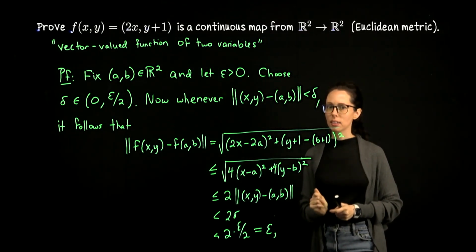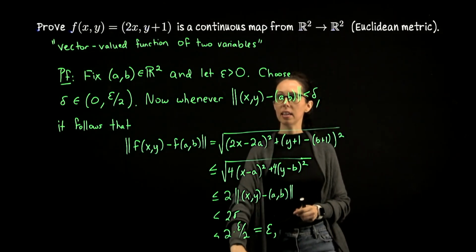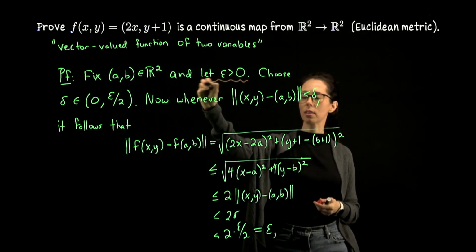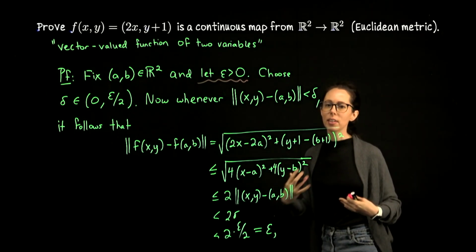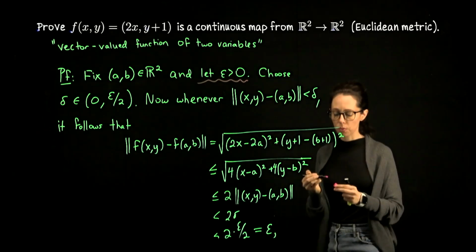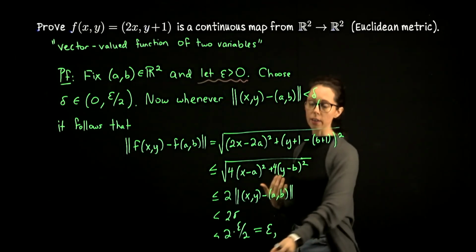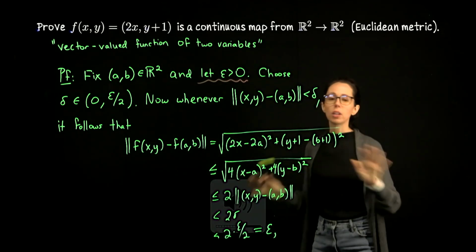You need that. Do not skip any of these clauses, especially this one. Put them all there because we are showing the definition is being satisfied, and you really need your proof to follow the logical train of thought from the definition. But you don't need much more.